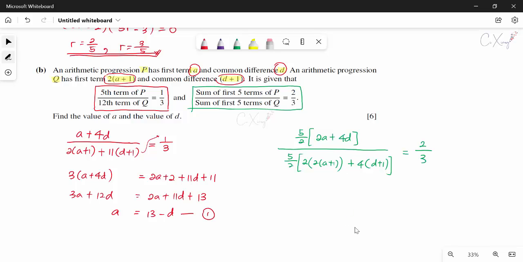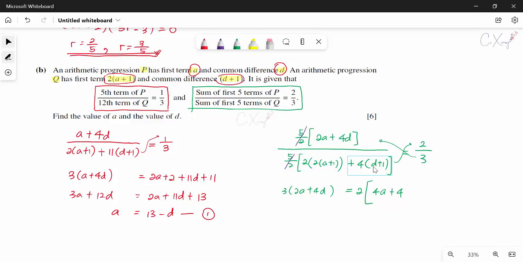Again, you can try to simplify everything slowly. So 5 over 2 and 5 over 2 can be cancelled off straight away first. Then the 3, I bring it up. So I'm having 3 times 2A plus 4D equals to, then this denominator, I will bring it up, so I'm having a 2. Have a look at this one first. 2 multiplied with 2 is 4. So I multiply inside here and I will have 4A plus 4.